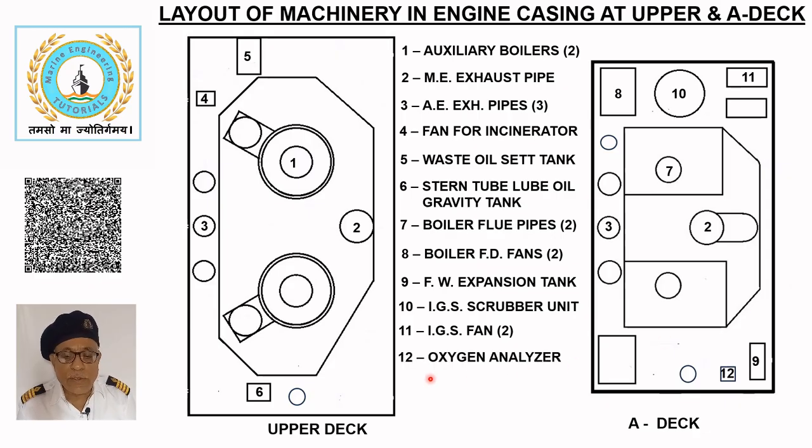The oxygen analyzer (12) located on the A deck continuously monitors the oxygen content in the inert gas supplied by the IG fan. It triggers an alarm if the oxygen content exceeds 5% and vents the inert gas to the atmosphere until the oxygen content falls below 5%.